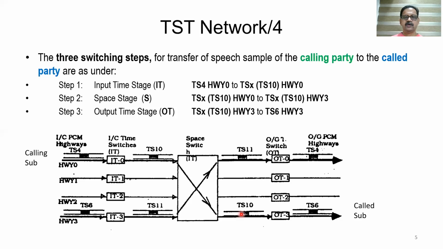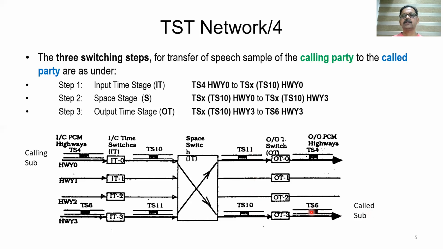We have completed the first time stage, the input time stage, and the space stage. Then we come to the output time stage. In step 3, output time stage OT, these are OT1, OT2, OT3. The output time stage shifts TS10 of highway 3 to TS6 of the same highway 3.